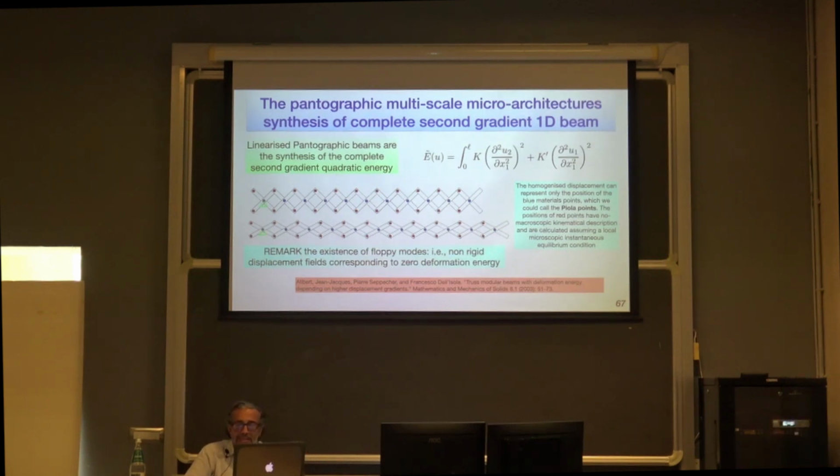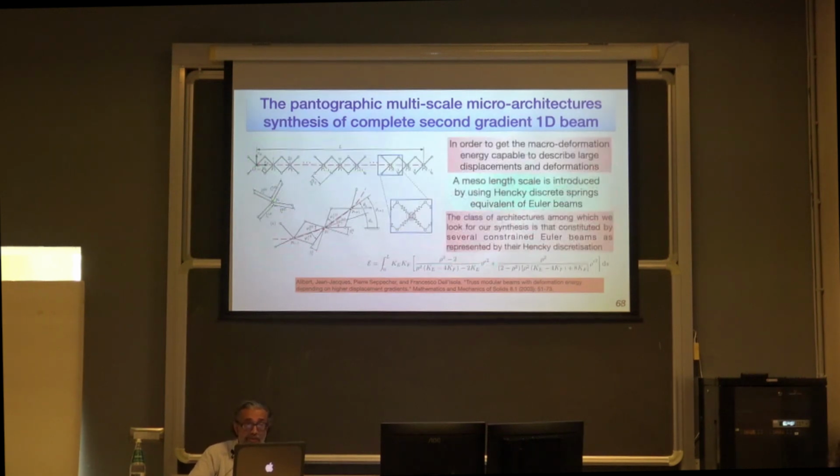U1 and U2 are describing what is happening to blue points. Okay? Red points are those points whose position you get minimizing in condensation process. Okay? So, what happens is that you have floppy modes. Non-rigid displacement fields corresponding to zero deformation energy.